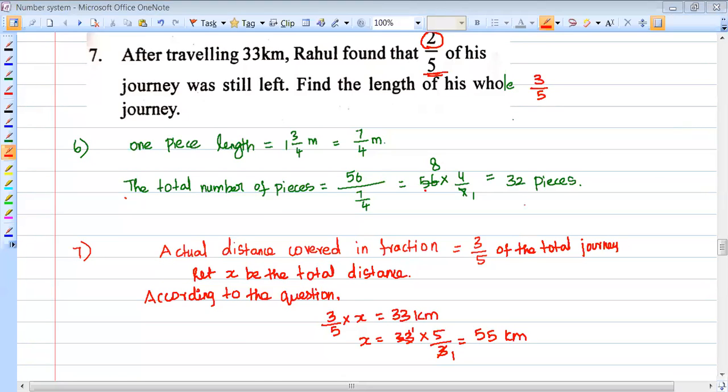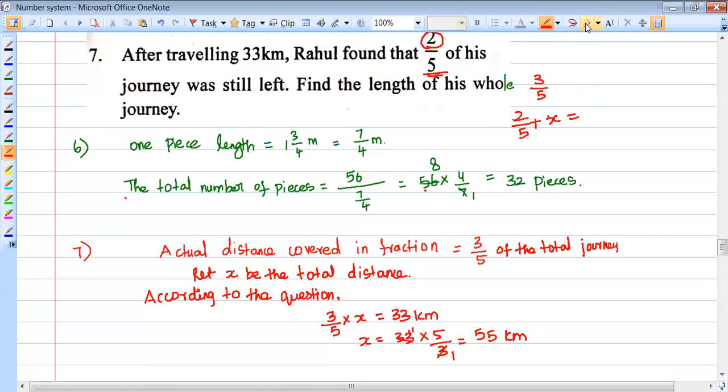Your answer is correct, Aditya Kumar. Very good. Someone cannot understand, so let me explain one more time. After traveling 33 kilometers, Rahul found that 2 by 5 of his journey was still left. So 2 by 5 of his journey left means he covered 3 by 5 of the entire distance. How? 2 by 5 plus which number will you get 5 by 5?